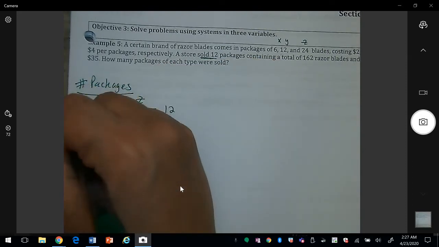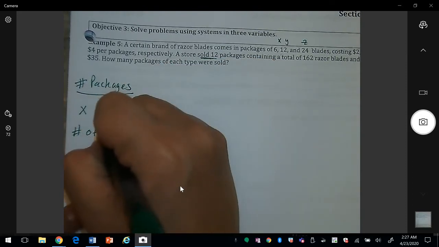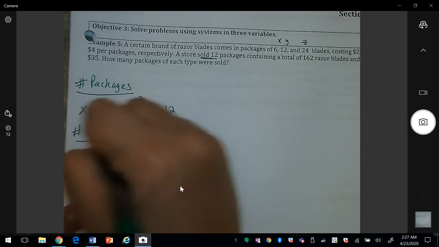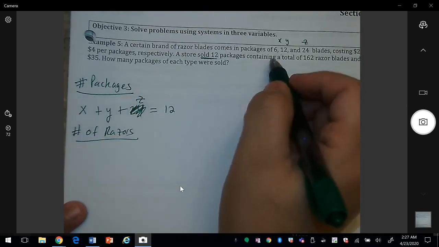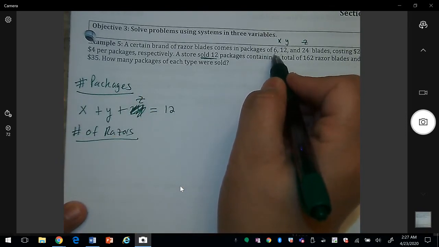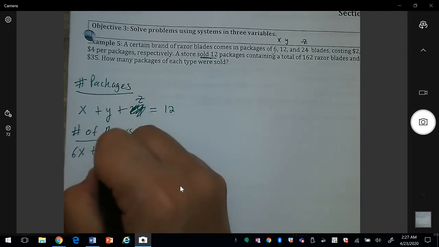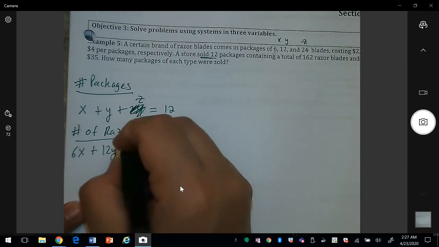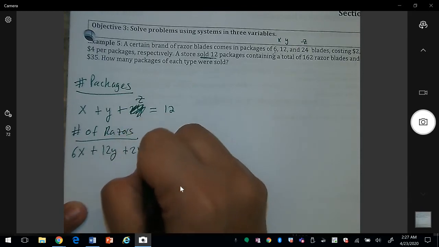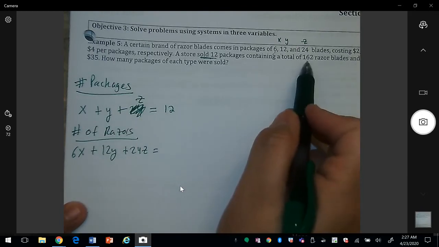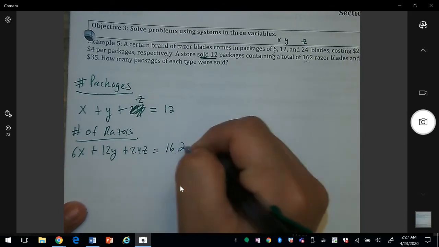And then we have the number of razors. So the numbers of razors, in the first package, it comes in 6. So we're going to have 6x plus the second packages come in 12 and the third come in 24. And altogether, the total number of razors was 162.